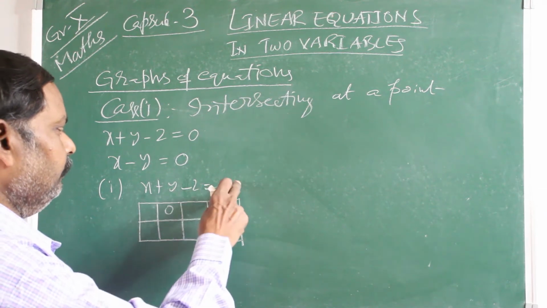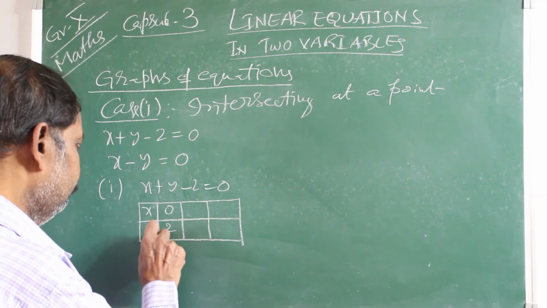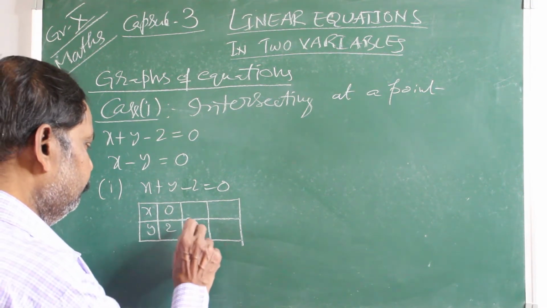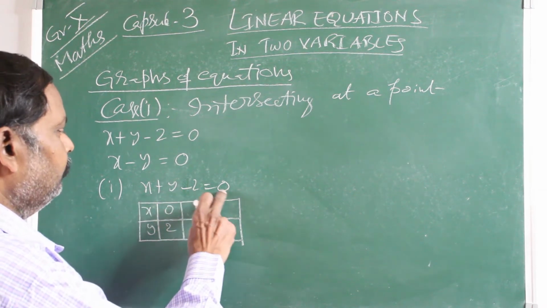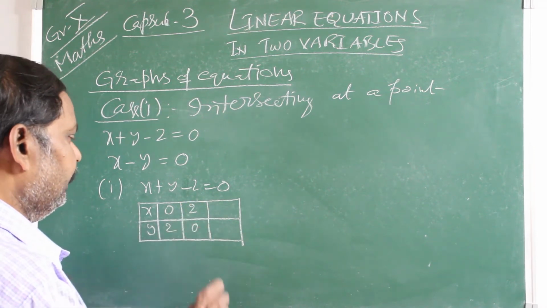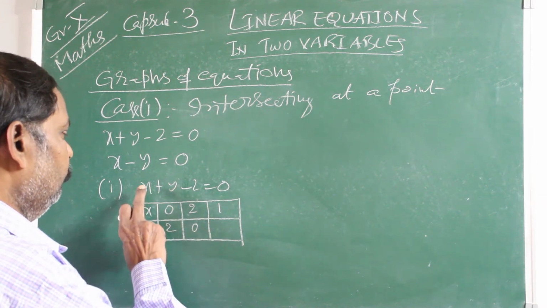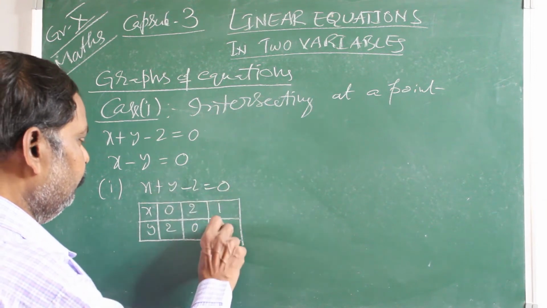Minus 2 taken to the other side becomes plus 2. You will get y is 2. If y is 0, then x minus 2 will become 0 and x is equal to 2. Take another one. If x is equal to 1, 1 plus y minus 2, so y is equal to 1.